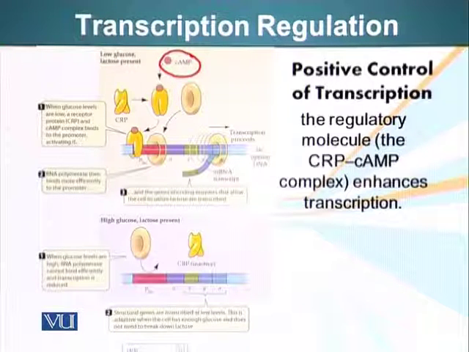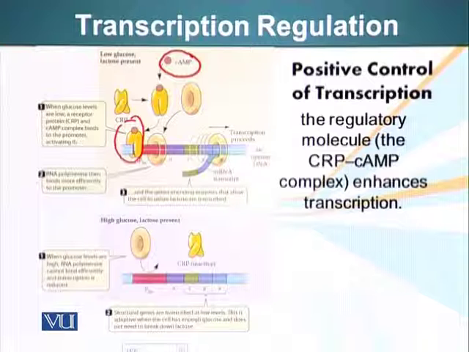When cyclic AMP binds it, this complex, rather than binding the operator, binds the promoter, and it facilitates the docking of RNA polymerase at this site, resulting in production of the structural genes, which are the same genes we saw in the lac operon.